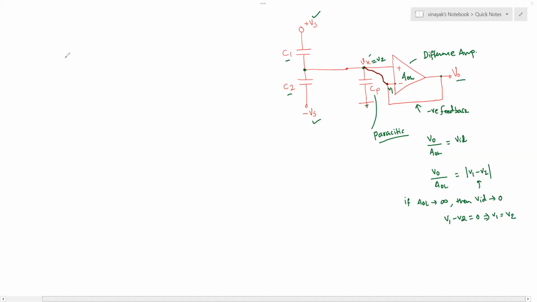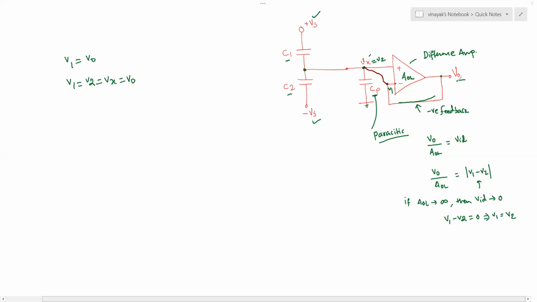So now let us write V1 is equal to VO, because you see there is a feedback right here. And therefore, we can say that V1 is equal to V2 is equal to Vx is equal to VO. And that's why we say that your output comes here, right? So the voltage across the capacitor CP is basically whatever the output is.